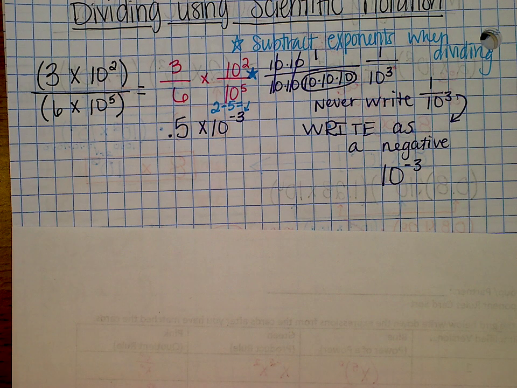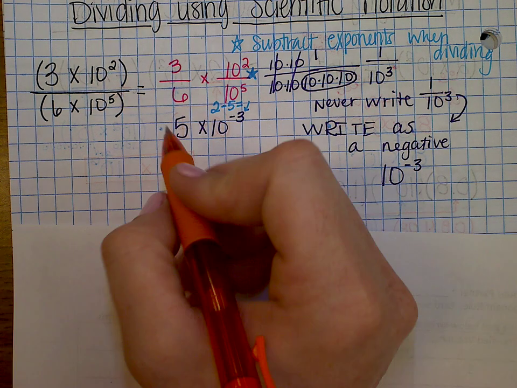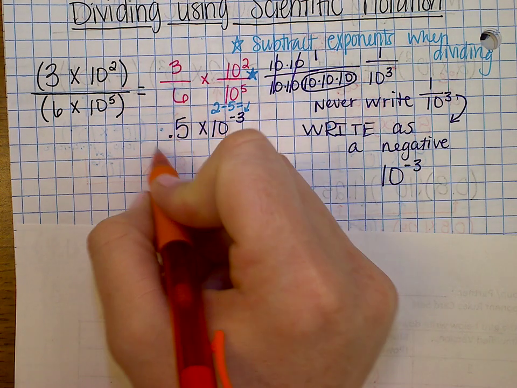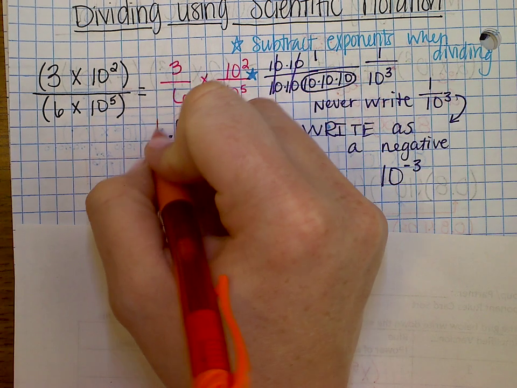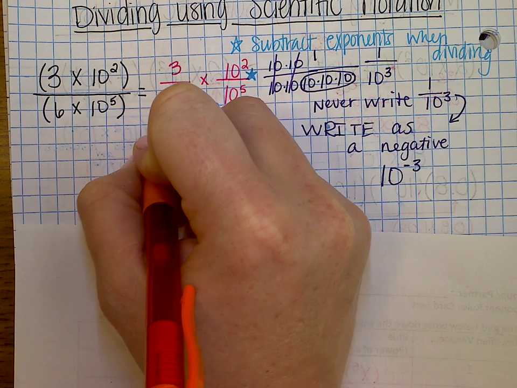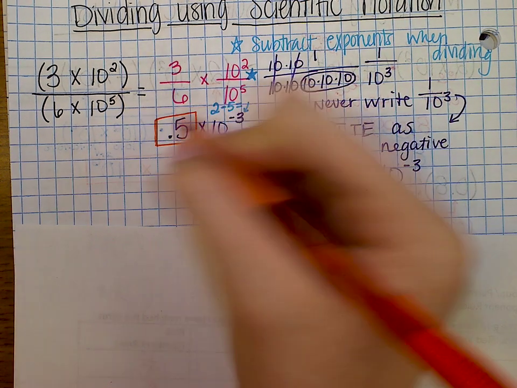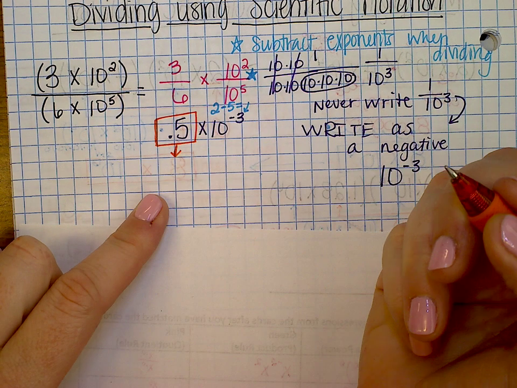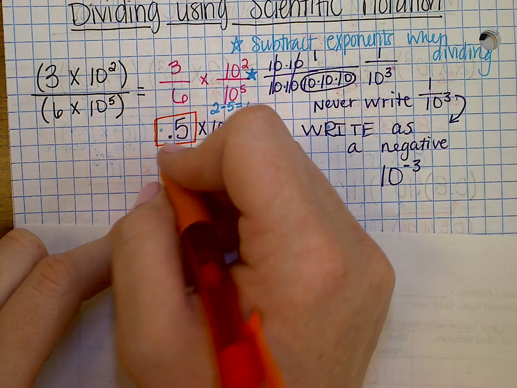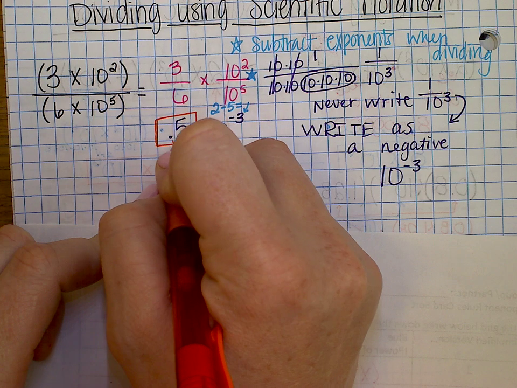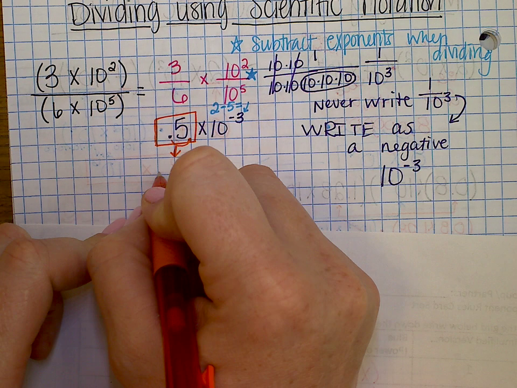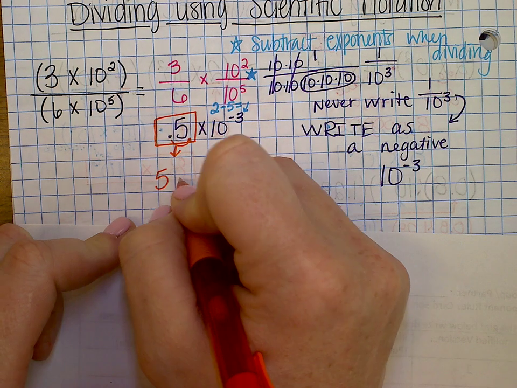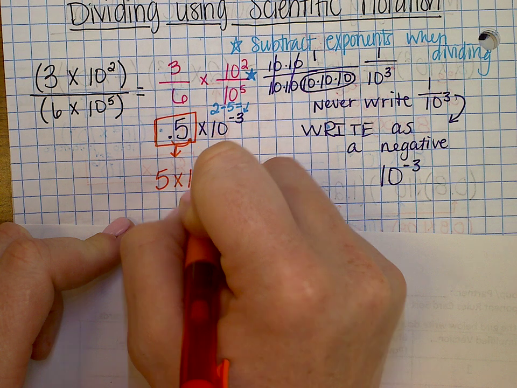Now, we still have to use what we did in the multiplication. This number is not written in scientific notation yet because it has to be between 1 and 10. So I need to do that first. So 0.5, notice I'd have to move the decimal once, so it'd be 5 times 10.